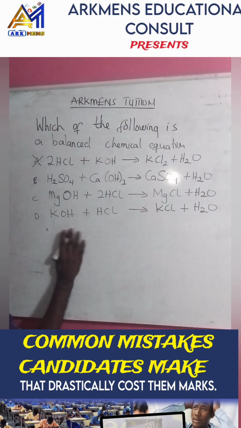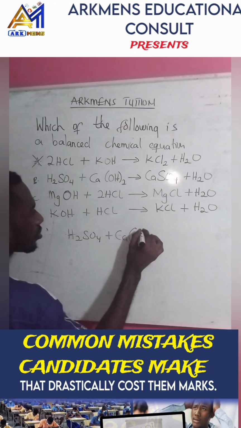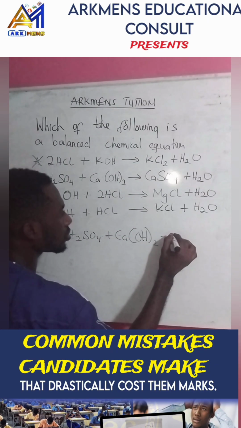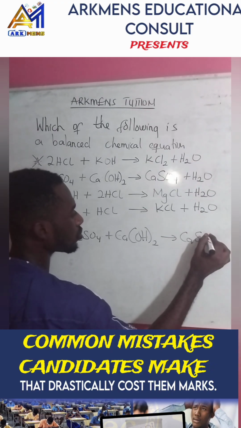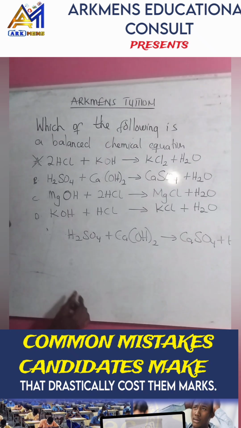The same procedure you follow for the second one, which is H2SO4 plus Ca(OH)2, giving CaSO4 plus H2O. When I pick hydrogen here, you have 2.